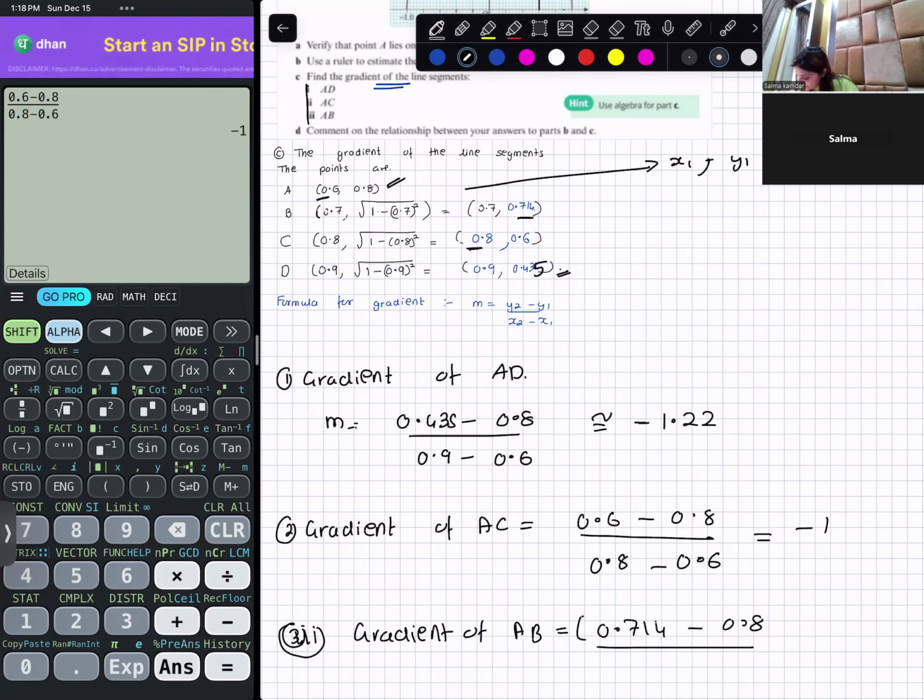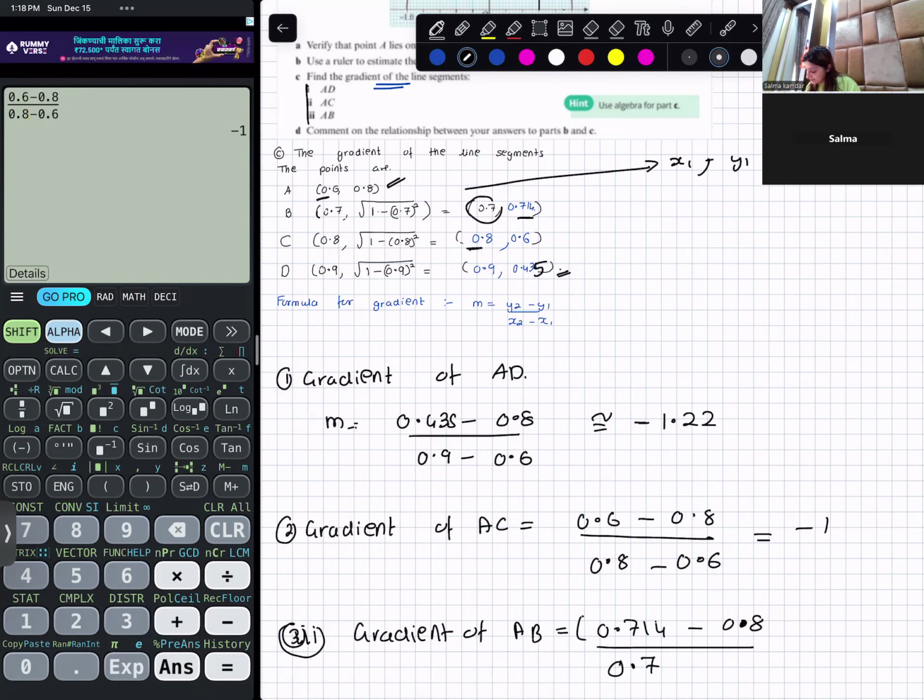X2 minus X1 for AB is 0.7 minus 0.6. So it is going to be 0.1 over here, and the numerator is minus 0.086. So the gradient of AB is minus 0.86.